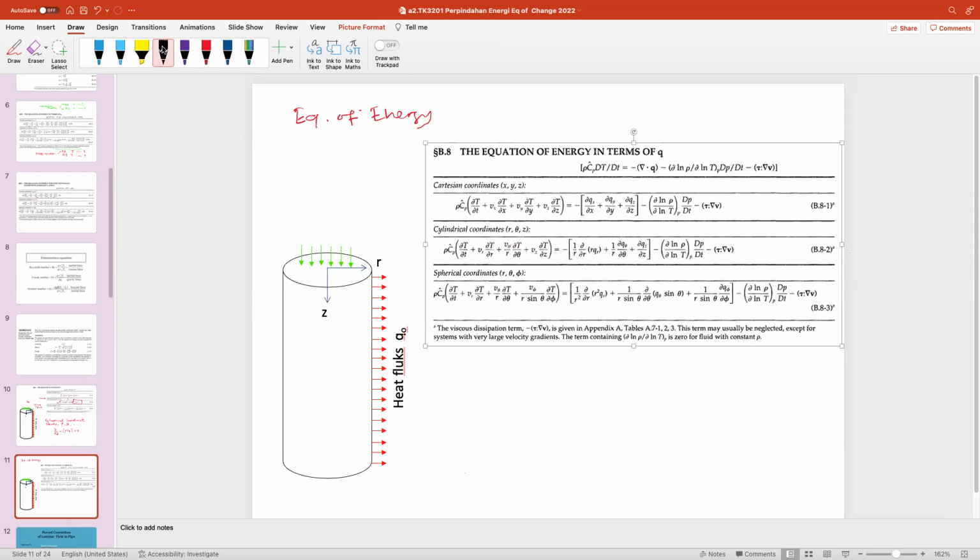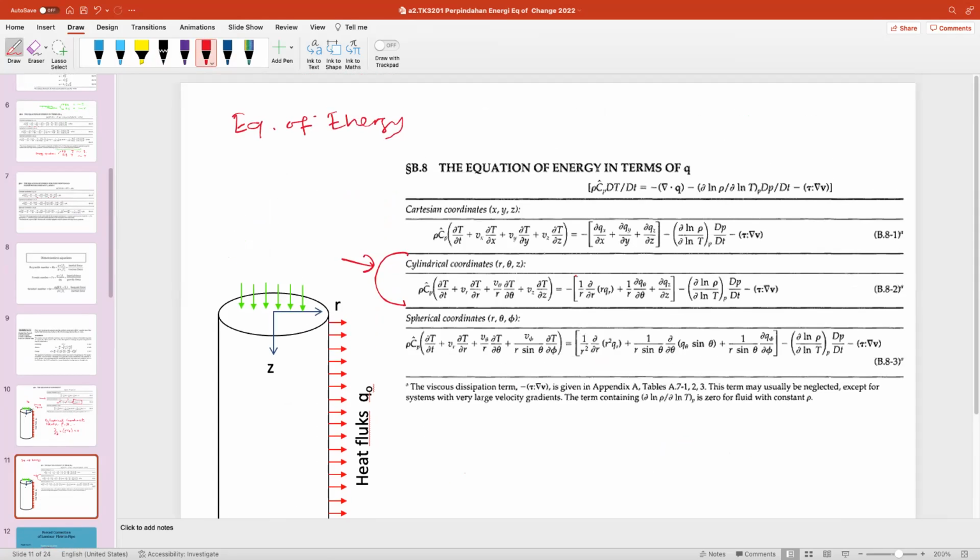Okay, so here you can see again, because it's cylindrical coordinates, we're going to use this one. So then you end up with, for example, we don't have Vr, we don't have V theta, we have Vz, and also we have dou T over dou z, which is the change of temperature in the z direction.